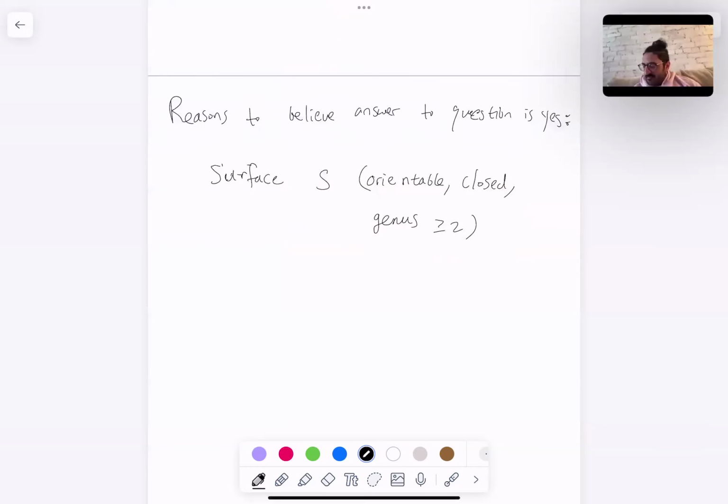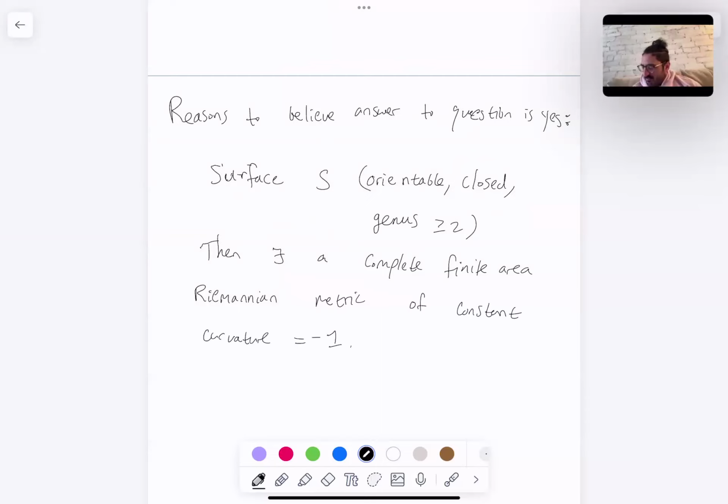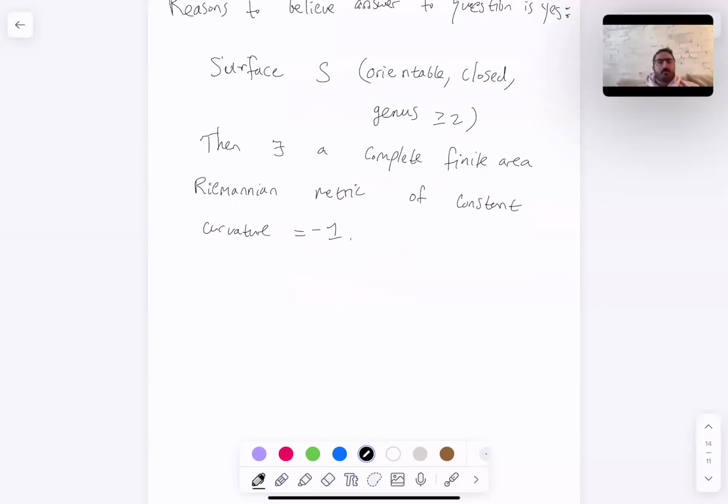Then there exists a complete finite area Riemannian metric of constant curvature, sectional curvature -1. Okay, this is a hyperbolic metric.